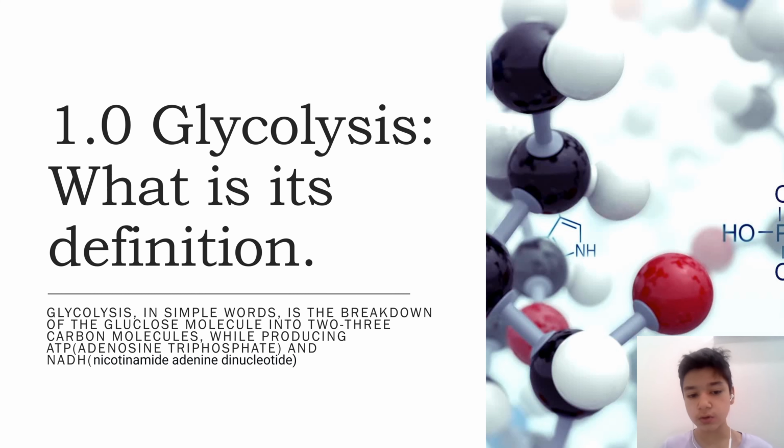So the glucose molecule is broken down into 3 carbon molecules while producing ATP, adenosine triphosphate, and NADH, which is nicotinamide adenine dinucleotide.